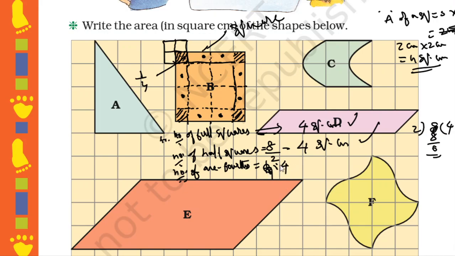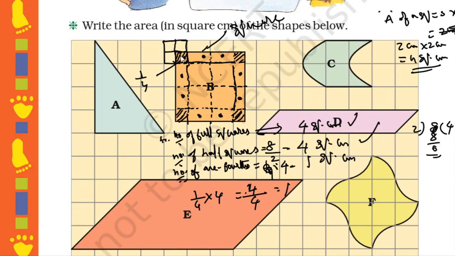So what is the area of these 4 parts of 1/4? It is 1/4 of the total parts, 4. This is the meaning. 1/4 of 4 is 4 by 4. In 4, 4 how many times? 1. Therefore the area is equal to 1 square centimeter.